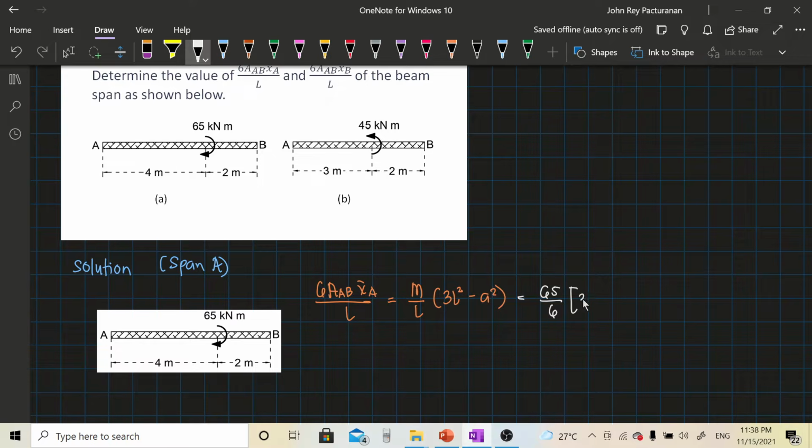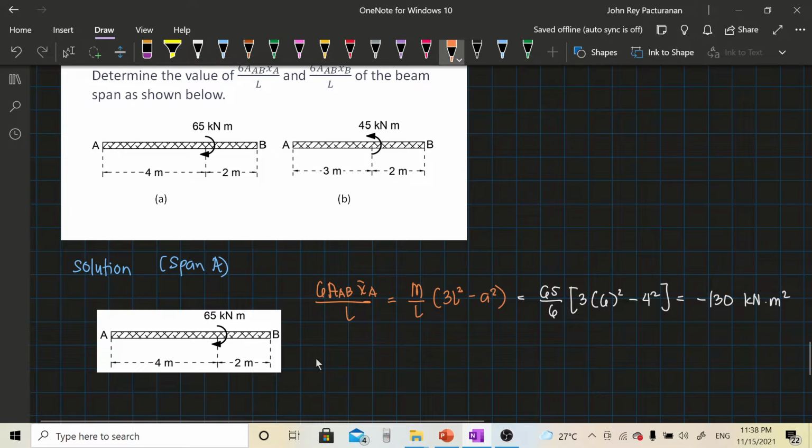Then, the quantity 3, yung length ng beam ay 6 squared minus 4 squared. Kasi, di ba, yung distance ng beam from point A is 4 meters. So, using your calculator, you will obtain na yung value niya is negative 130 kilonewton meter squared.